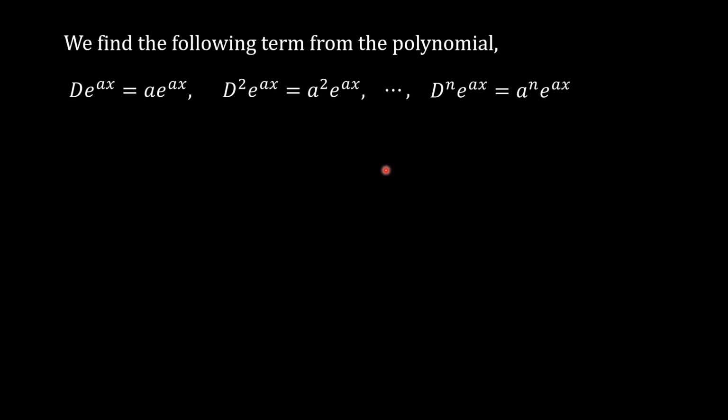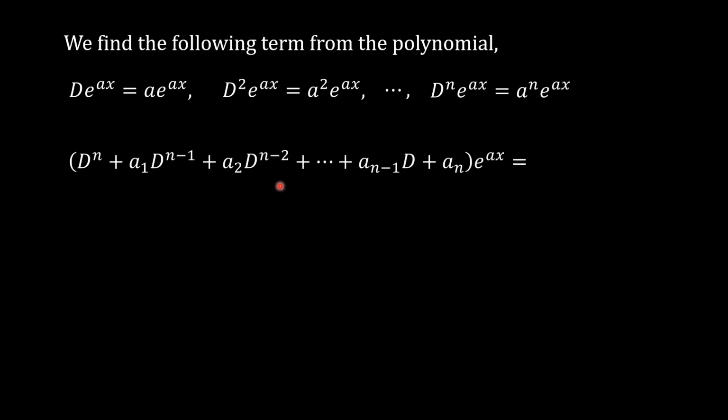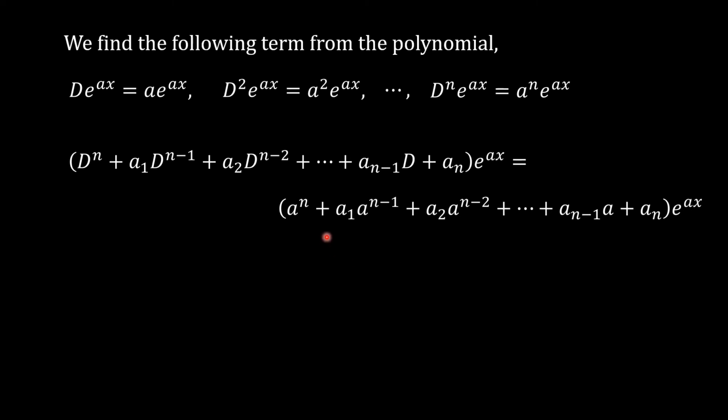Replace all these values in phi of D. That will give us D raised to n plus a1 D raised to n minus 1 plus and so on plus an minus 1 D plus an of e raised to ax, because each term contains the e raised to ax function, is equal to, now replacing all these terms by their corresponding values, a raised to n plus a1 into a raised to n minus 1 plus a2 into a raised to n minus 2 plus and so on plus an minus 1 into a plus an, into e raised to ax.